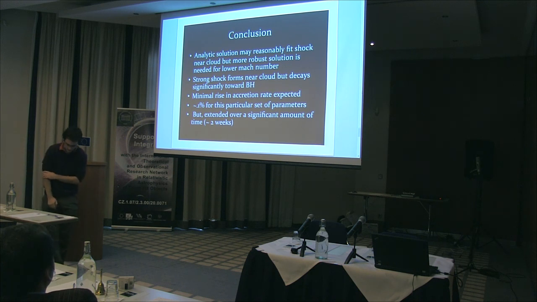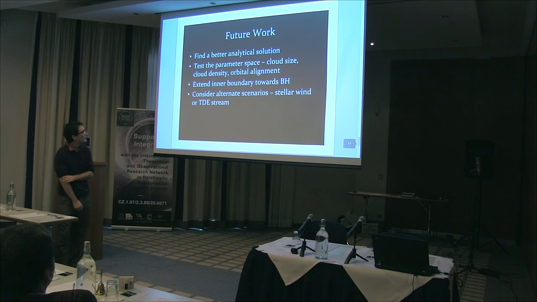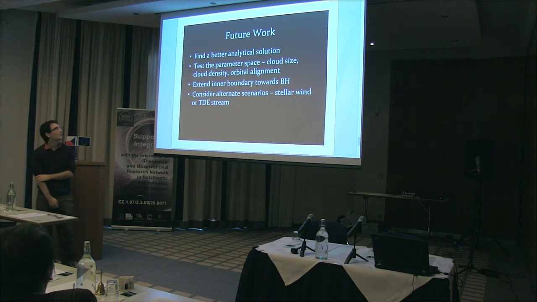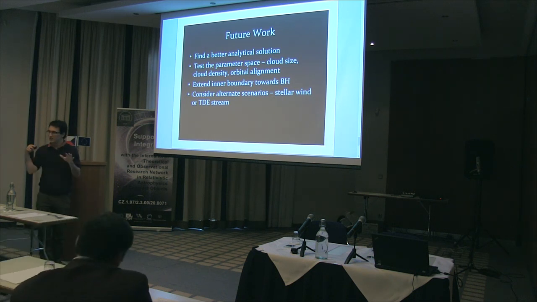And like I said, this is a work in progress that we're still working on, and so in order to get some full, robust results, things that we're planning to do, I already mentioned, we want a better analytical solution. And we want to really test the parameter space, see what happens when you vary cloud size, when you vary density, when you change orbital alignment, trying orbits that are in the polar plane as opposed to the equatorial plane, or maybe inclined.